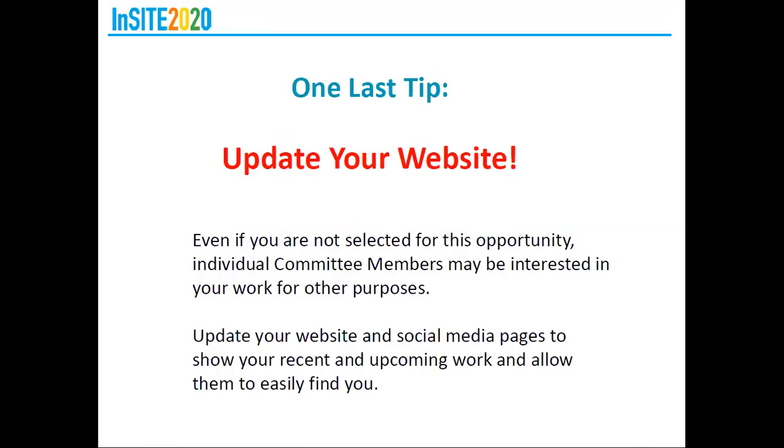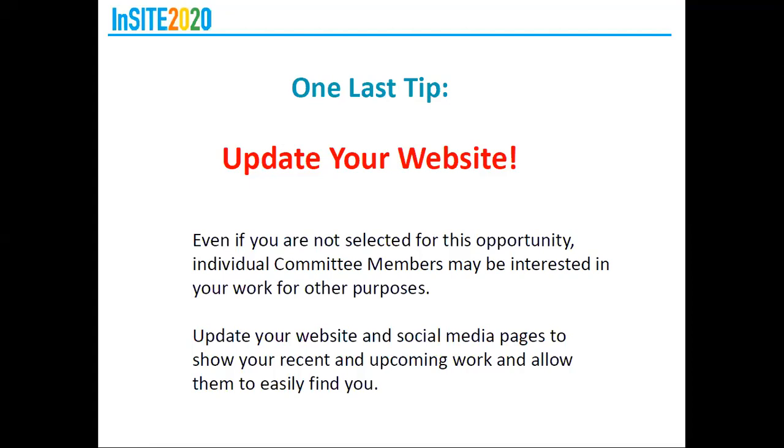One last tip: update your website. Even if you're not selected for this opportunity, the individual committee members may be interested in your work for other purposes. So they are going to look up your website. Make sure that you have everything updated the way that you would like it, and that your social media pages show your recent and upcoming work, if you have any upcoming events or exhibitions, and especially if you have an email or contact form, make sure it is easy for them to get in touch with you.